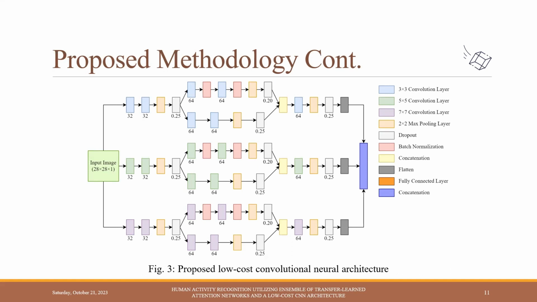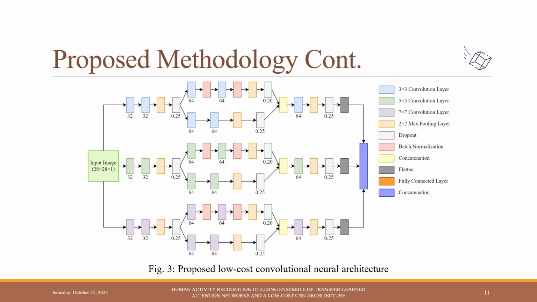That's why we have utilized three different filter sizes here. And you will see in the performance section that the individual branches perform lower than all the branches as a whole. After getting all those features, we just concatenate them and they go to the ensembling technique as shown in the proposed methodology.